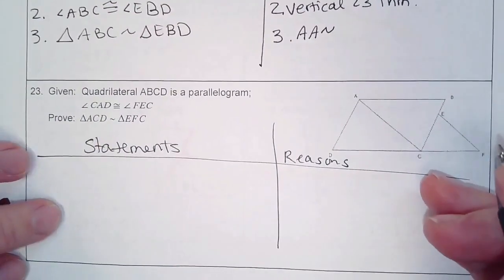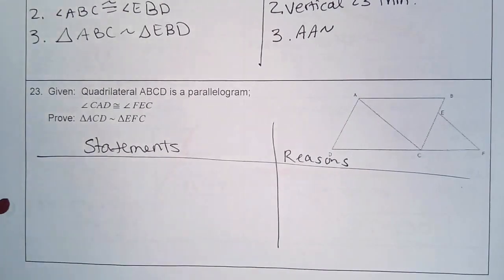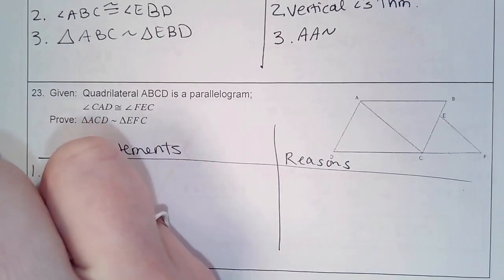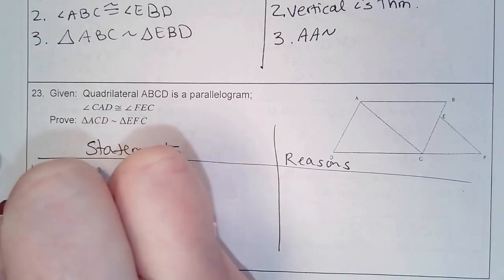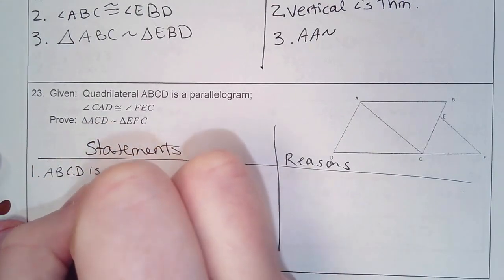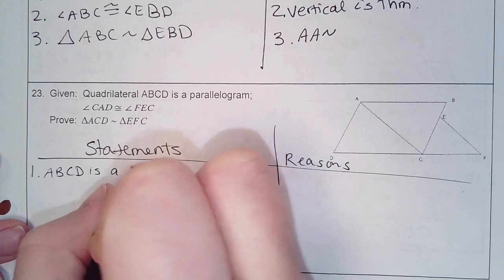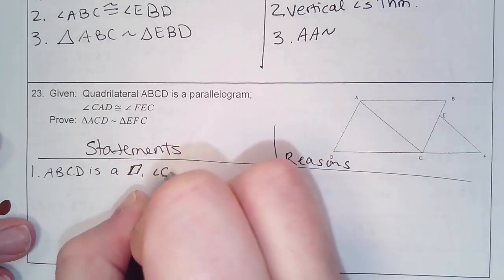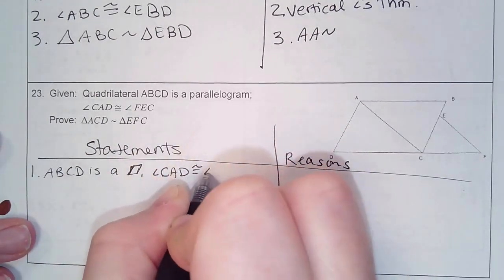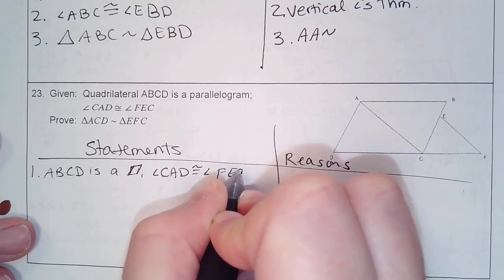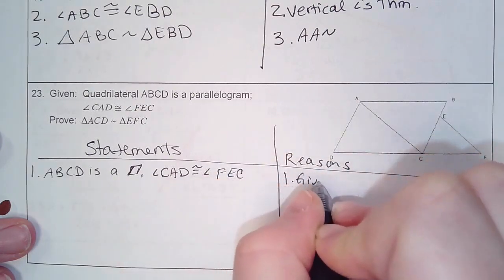Alright, the last one here, it says that ABCD is a parallelogram. And the angle CAD is congruent to angle FEC. So let's add that in.